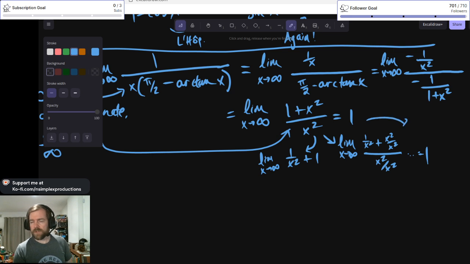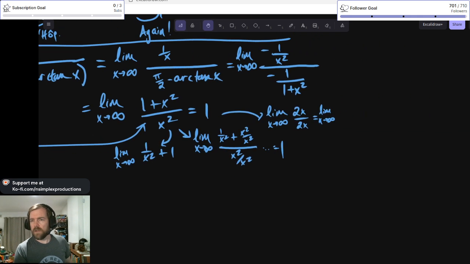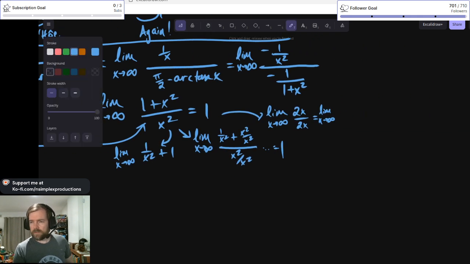You could also do then L'Hopital's rule, which says the limit as x approaches infinity is going to be 2x over 2x. We could stop there and cross them out, and they're 1. Or you could take the derivative again, as I said, as x goes to infinity. And we get 2 over 2, which again, still 1.